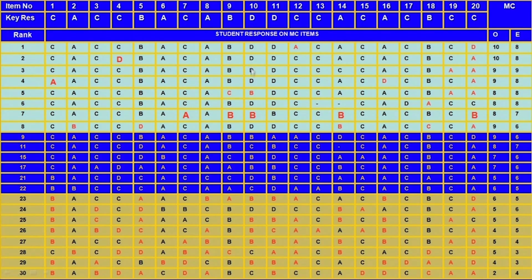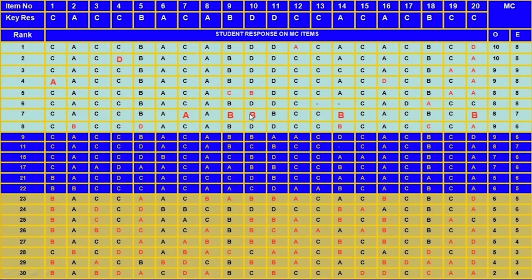Right answer is D, and is marked B in that fashion. So we have a table where we are showing the response of each student to each of the test items, showing what is the correct answer and what the students have actually marked. You will be surprised to see what inferences we can draw from this. Let's look at it.